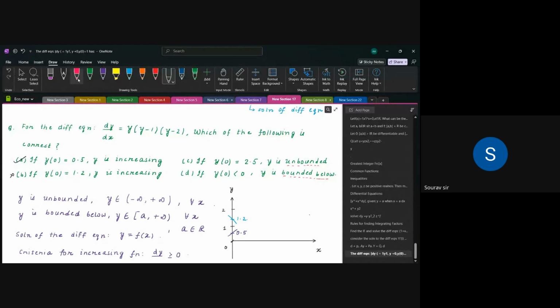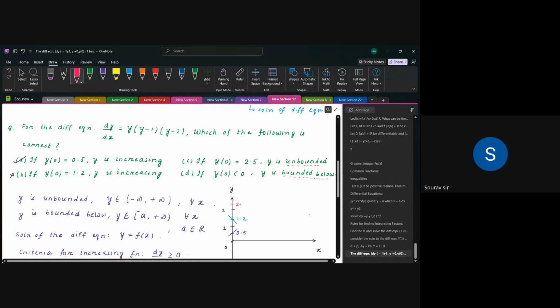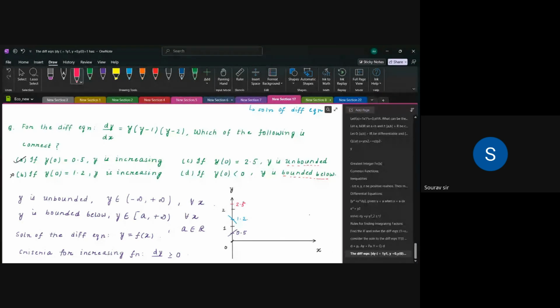If it is 2.5? Why are we plotting these slopes against the y-axis? It shouldn't be against the x-axis. I'm not plotting the slope.